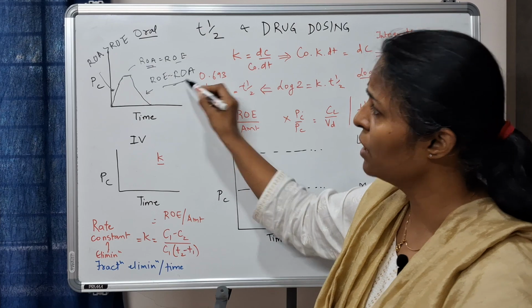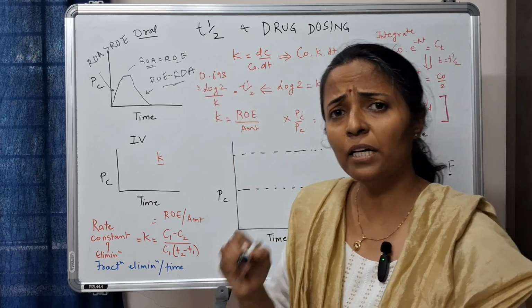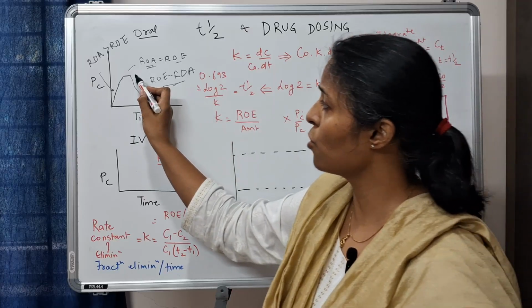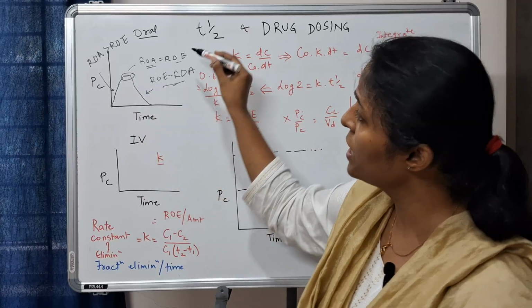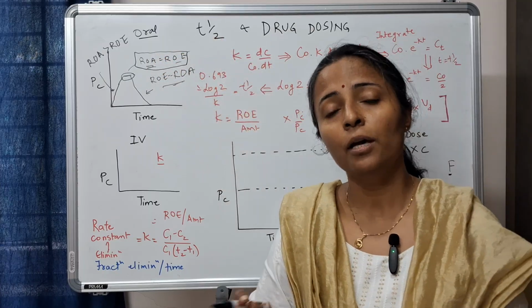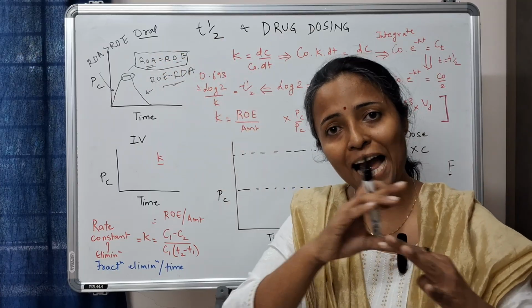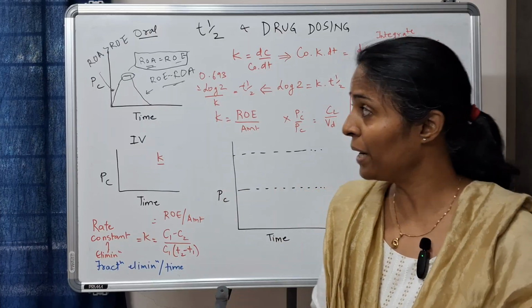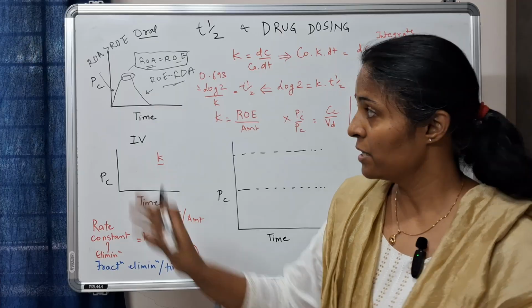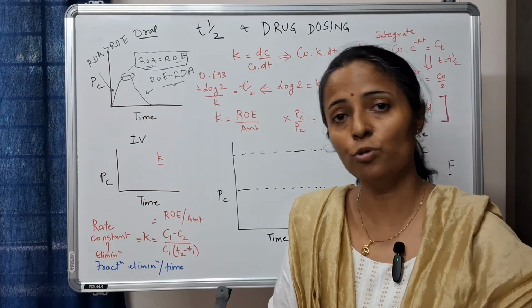Basically, when we are giving a drug, we want a steady state. The plasma concentration of the drug should be such that the rate of absorption is equal to the rate of elimination, because we want the drug to act at that particular level. Now, how much should the plasma concentration reach? Suppose you are giving a certain dose of the drug.